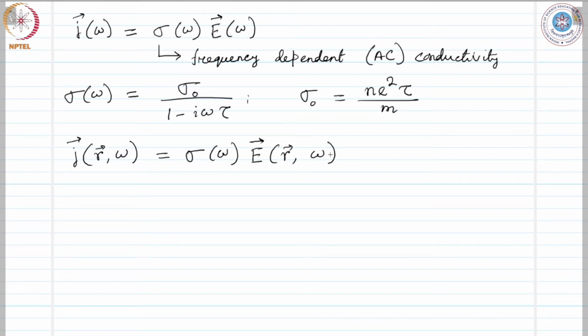This is valid whenever the wavelength of the electric field, that is lambda, is large compared to the electronic mean free path, that is L. So this is valid when lambda, the wavelength of the electric field, is greater than L, which is the mean free path of the electrons.